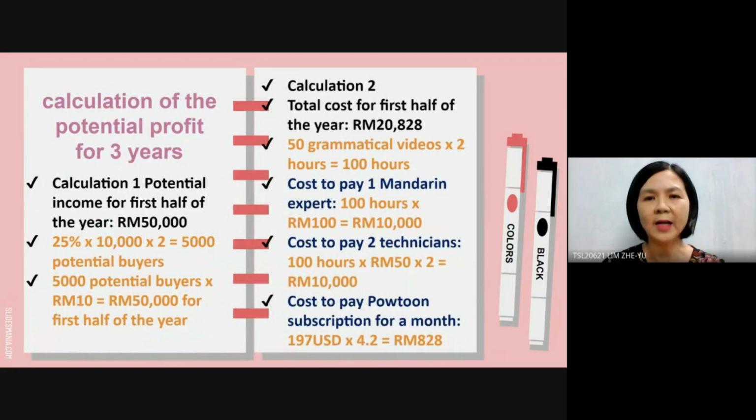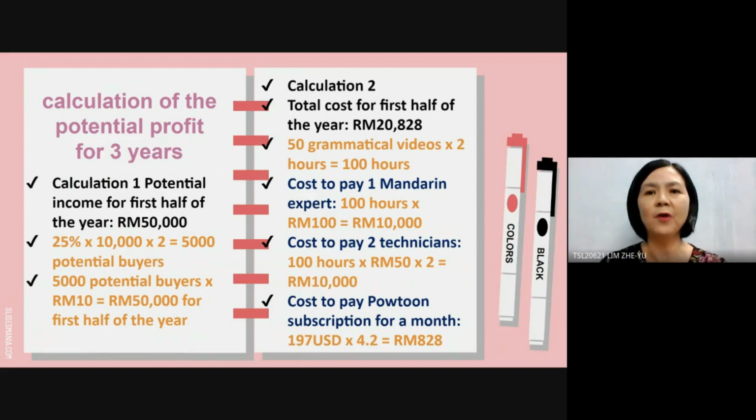Below, I will explain about the potential profit for 3 years. It is calculated based on 10,000 Mandarin learners of UITM and another 10,000 students of non-UITM for 3 levels.